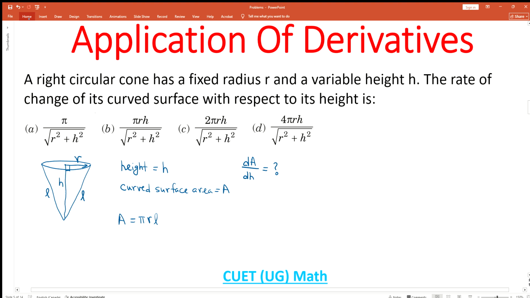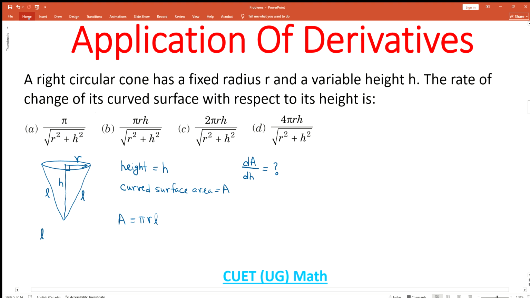We have to find dA over dh for this cone. So for that, we need to write this area equation in terms of variable h. As per the diagram, we can see that in the right angle triangle formed by the height and the radius of the cone, L is the length of the hypotenuse. We can use Pythagorean theorem equation to write an equation for L in terms of h.